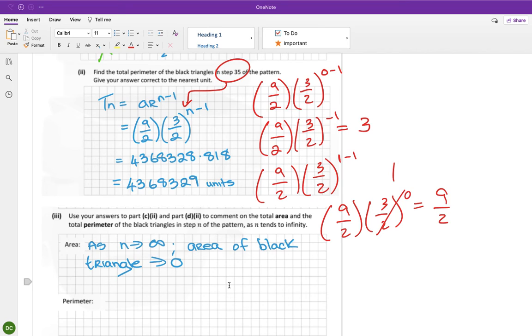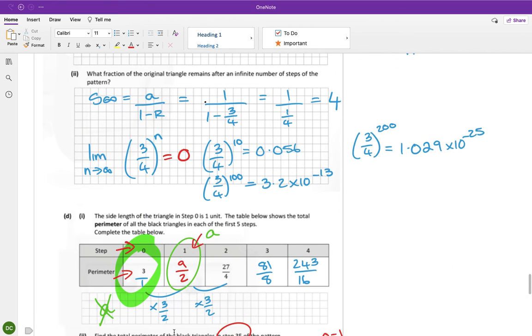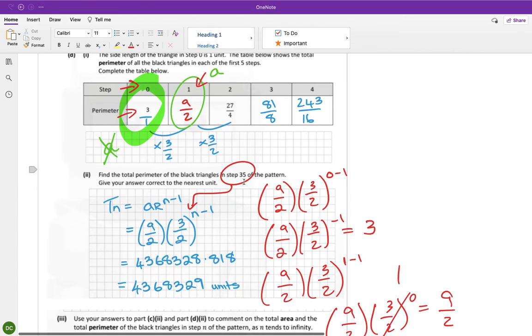Then it went to 27 over 4, which is 6.75. Then it went to 81 over 8, which is 10.125. Then 243 divided by 16 is 15.18. And then when I get to step 35, I'm up to this, which is over 4 million.